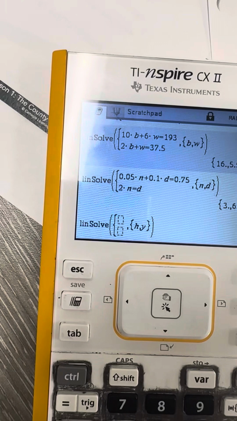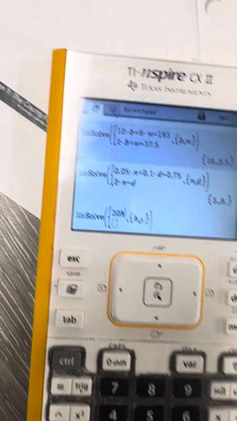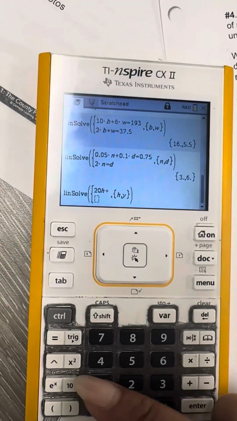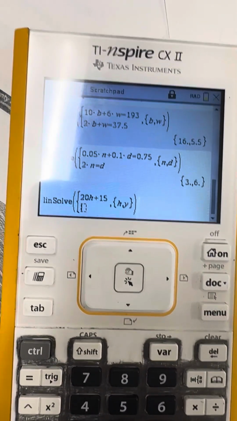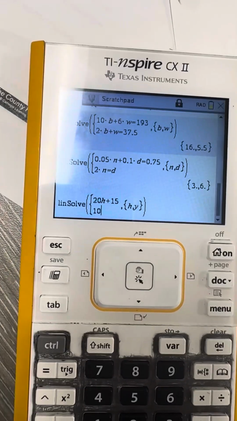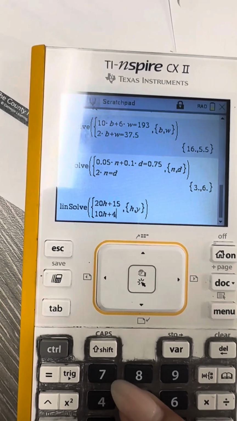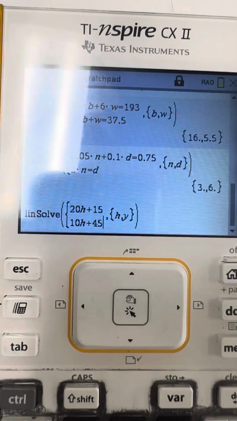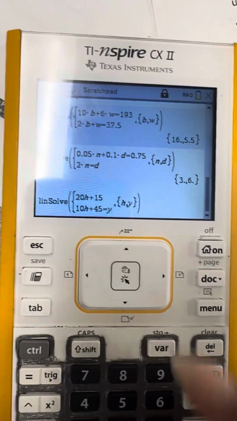First box: 20 per hour plus $15 flat fee. That's your initial value, your starting amount, your y-intercept. $10 for John per hour, plus his $45 initial fee just for showing up at your house, equals some unknown amount.